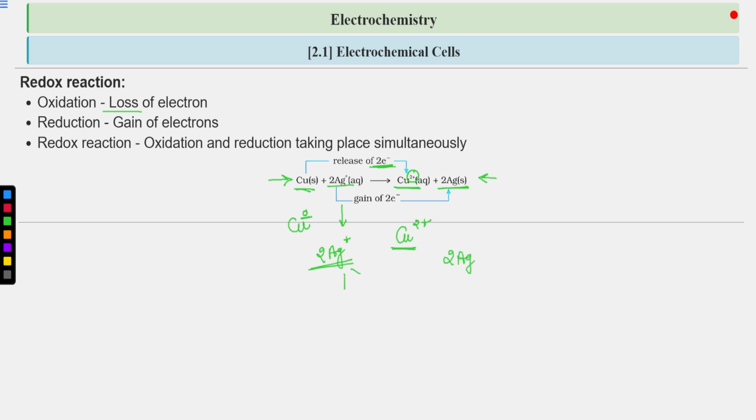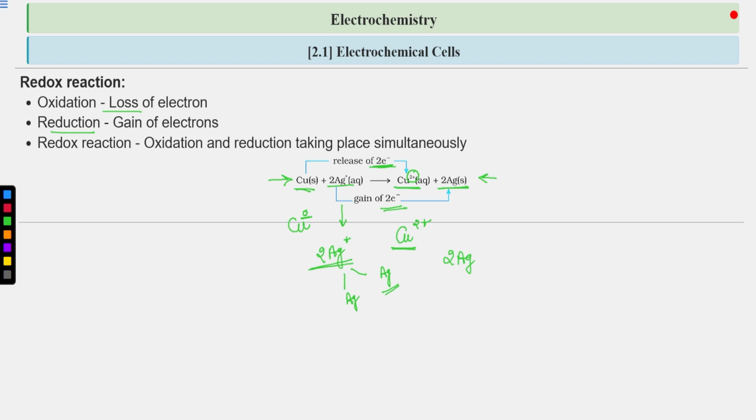That means each Ag positive ion is gaining one electron to convert into Ag in the neutral form, right? That means totally the gain of two electrons is happening in this process, and the gain of electrons refers to the reduction process. So the reduction process is happening here in this reaction.